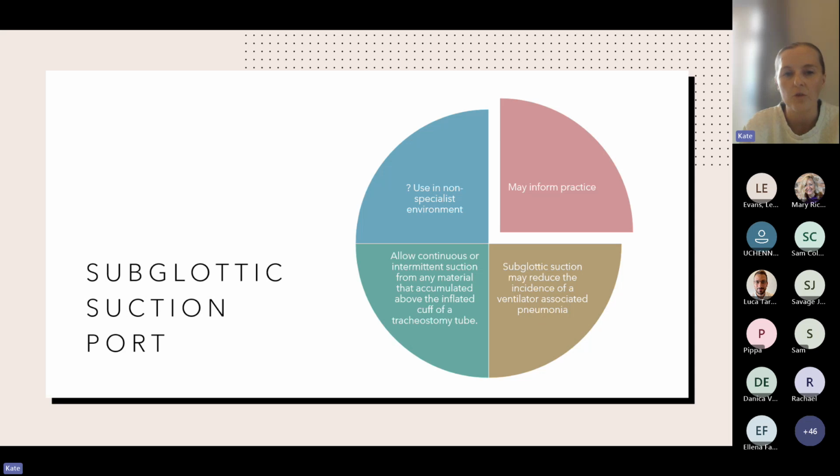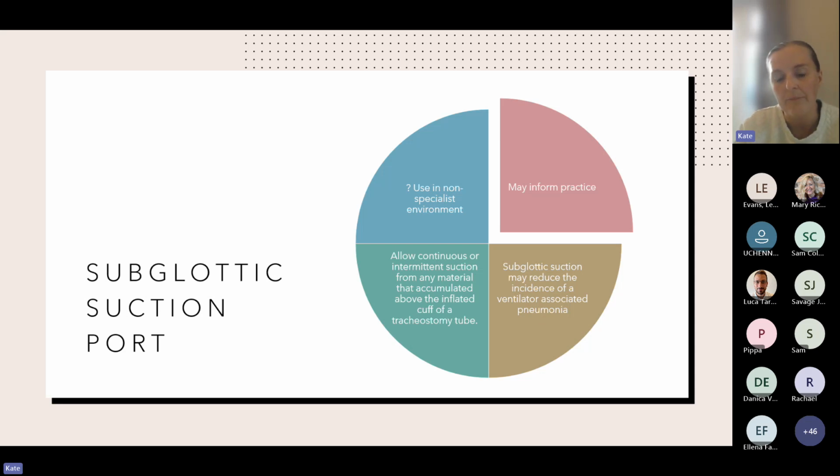If you're getting more than 5 mils an hour via your subglottic port, we are more cautious about putting the cuff down than with someone getting less than 5 mils an hour. But I want to emphasize that this isn't the be all and end all. It informs our practice and helps us clinically reason whether or not we're going to put somebody's cuff down.